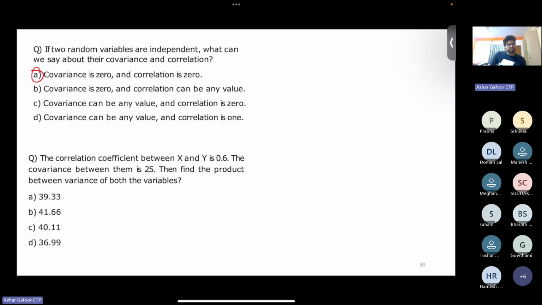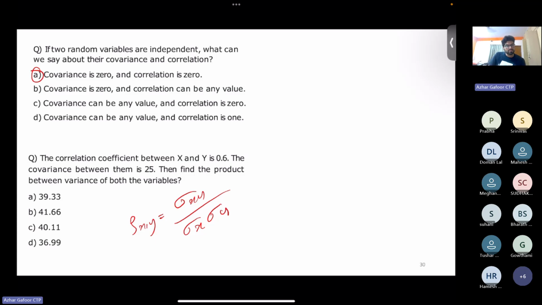The correlation coefficient between x and y is 0.6, and the covariance between them is 25. Then find the product of the variances of both variables. So again, I'm giving the formula. Correlation between x and y is equal to covariance divided by the standard deviations of x and y.